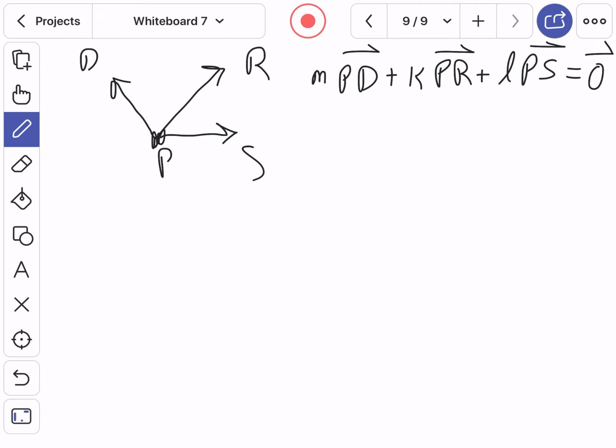I haven't really talked about the 0 vector, but it must exist, right? Just like it exists in our number system, there must be a vector that has no change.